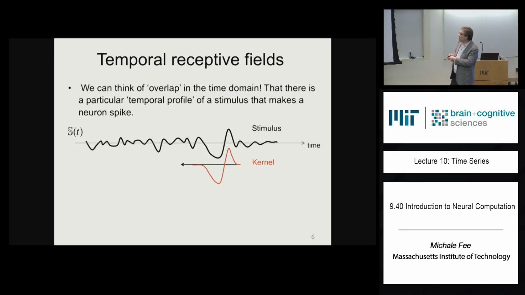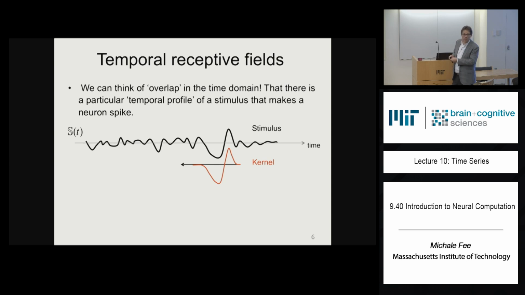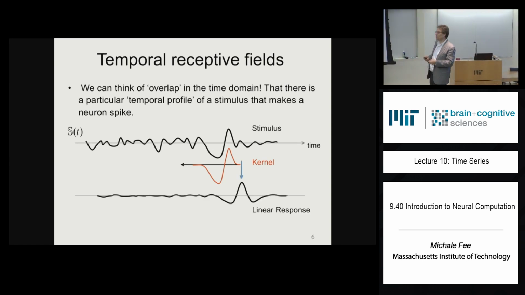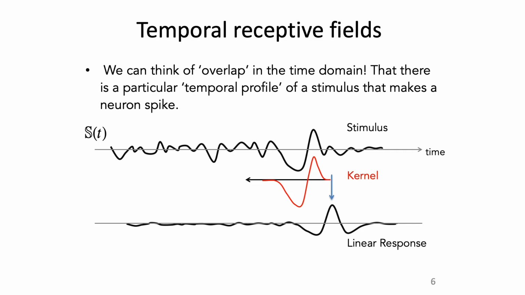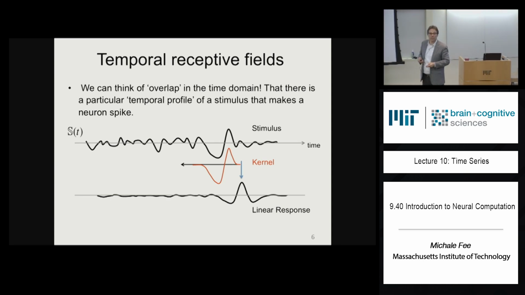The positive parts of the stimulus overlap with positive parts of the kernel, and negative parts of the stimulus overlap with negative parts of the kernel. So when you multiply that all together, you get a big positive response. If you slide that across and do that integral as a function of time, you can see that this convolution has a peak at the point where that kernel overlaps with the stimulus. And right there is where the neuron would tend to produce a spike.